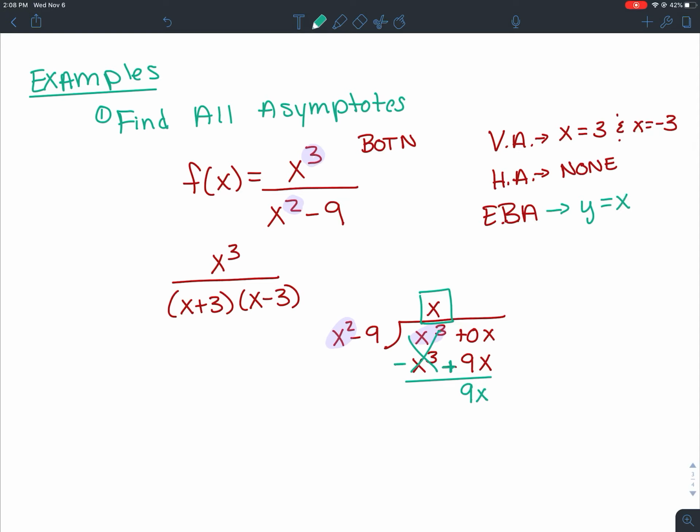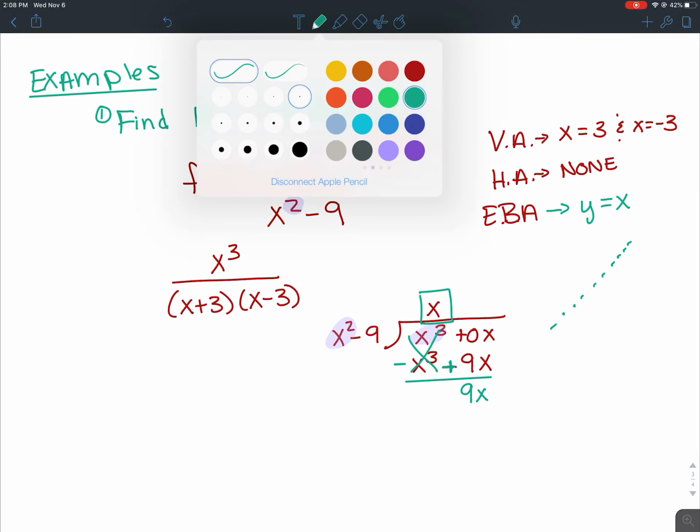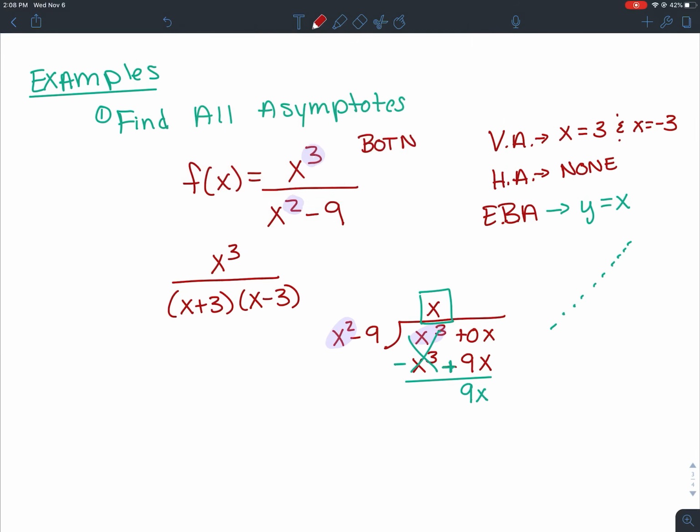That's the end behavior. So the linear line y equals x is controlling the ends of the graph. I'm thinking about what's happening with those end behaviors.